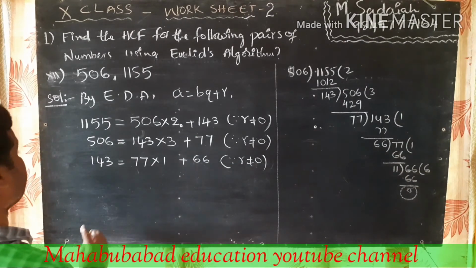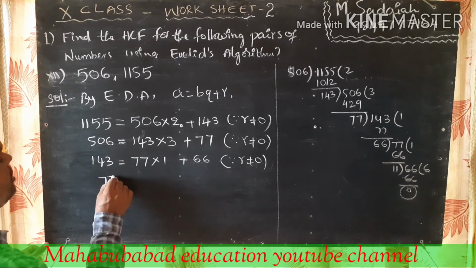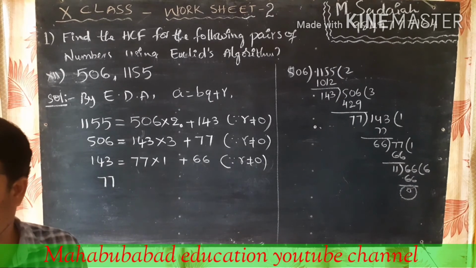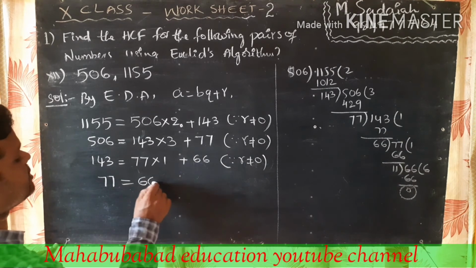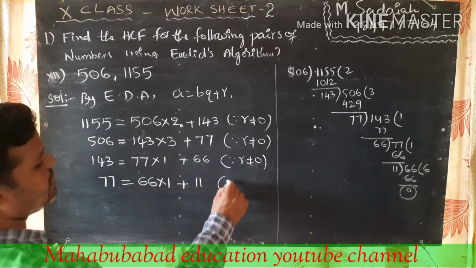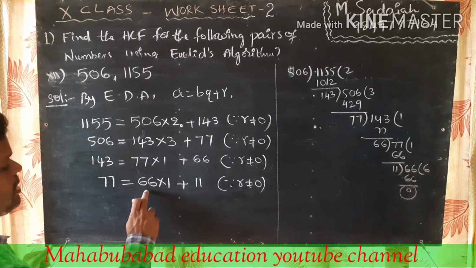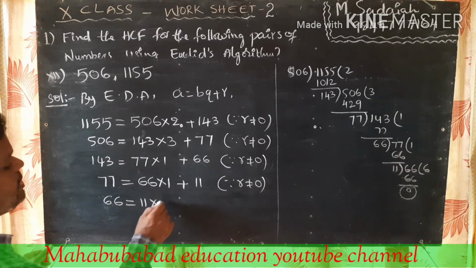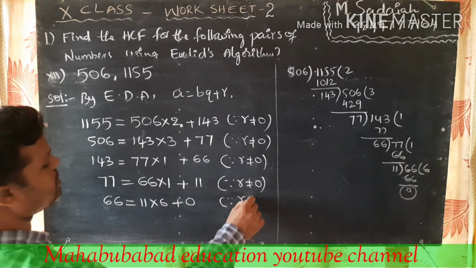Next the 77 becomes the dividend, divisor is 66 into 1, remainder is 11. Again the remainder is not equal to 0, we will continue this process. 66 is equal to 11 into 6, remainder 0, hence we will stop the process.